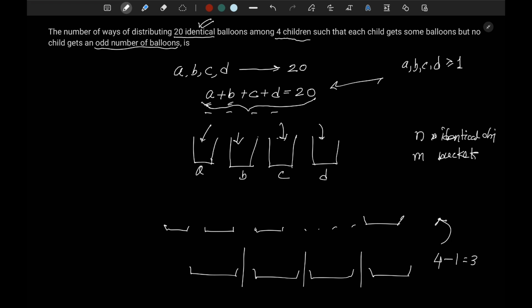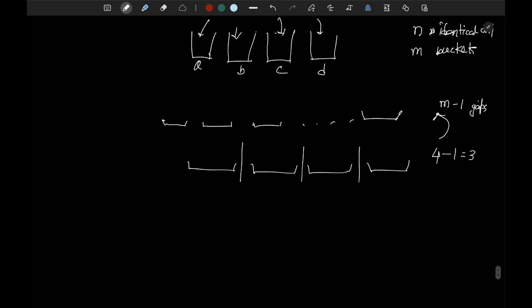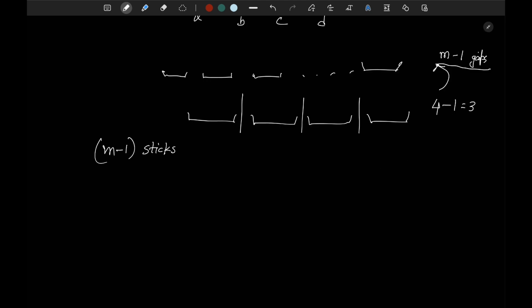Similarly in the case of m buckets, we will have a total of m minus 1 gaps. We can think of these m minus 1 gaps as m minus 1 sticks.